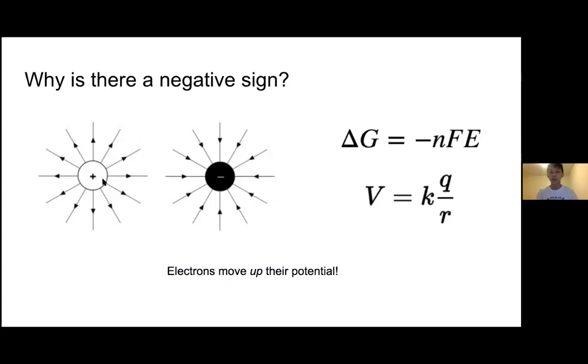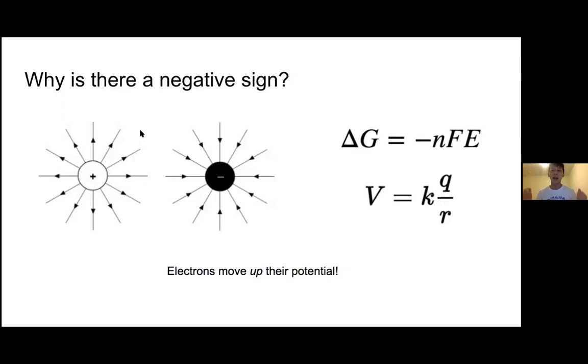So let's look at what happens. Imagine we have a positive source charge and a negative test charge, right? If we have a positive source charge, the voltage is positive at all positions around it, because Q is positive, K is positive, R is positive, the whole thing is positive. But positive charges and negative charges attract, right?